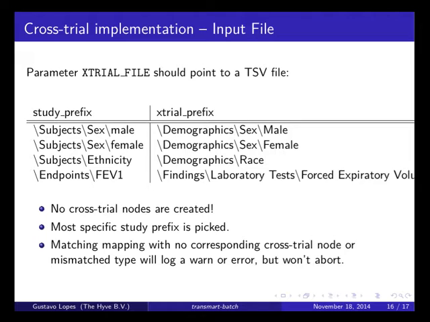So if we get subjects ethnicity Caucasian, it will try to find an X-trial node called demographics race Caucasian. If it doesn't find it, it will give a warning. If it finds it, but the type is different, so text versus numerical, it will give an error, but it won't abort. It will just log an error. If there is no prefix matching, it won't give any notice. At least, maybe on debug level.